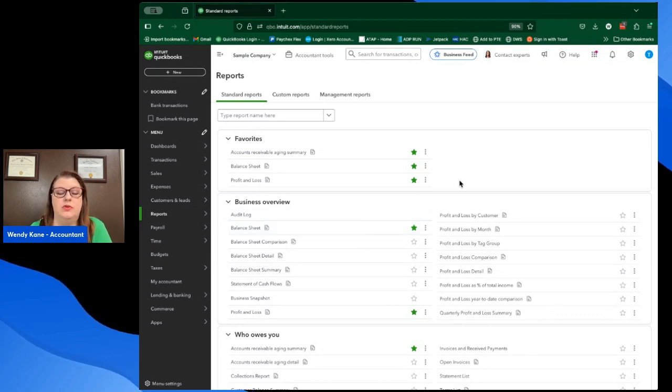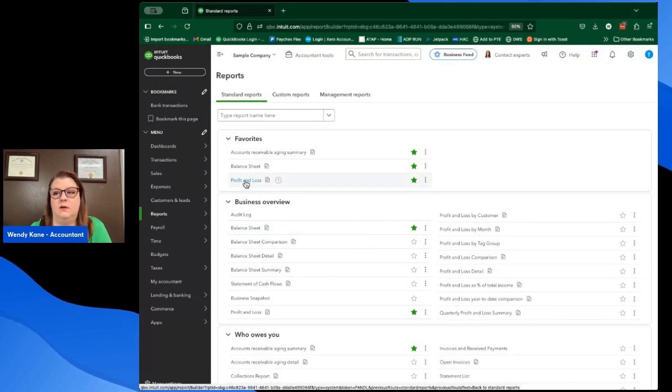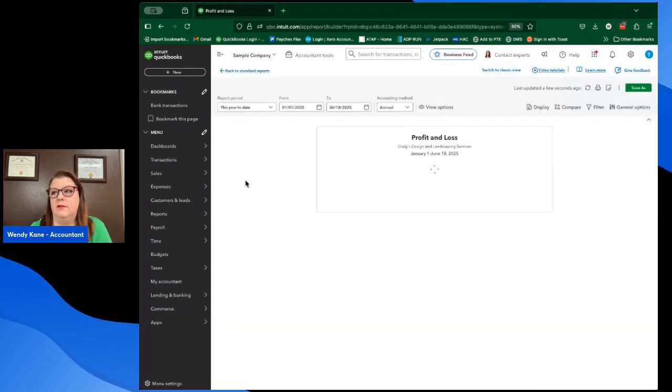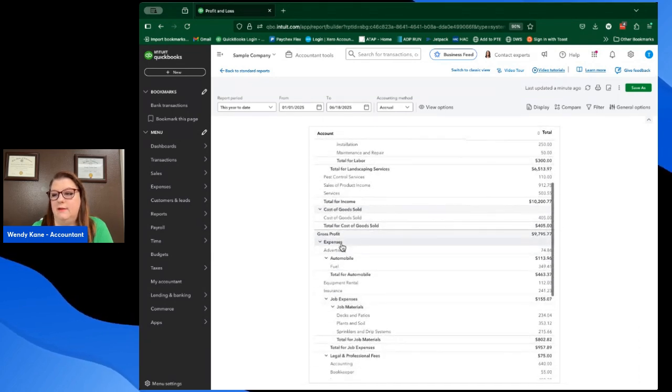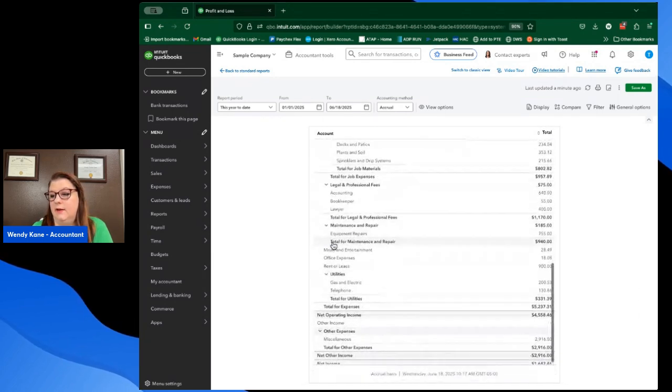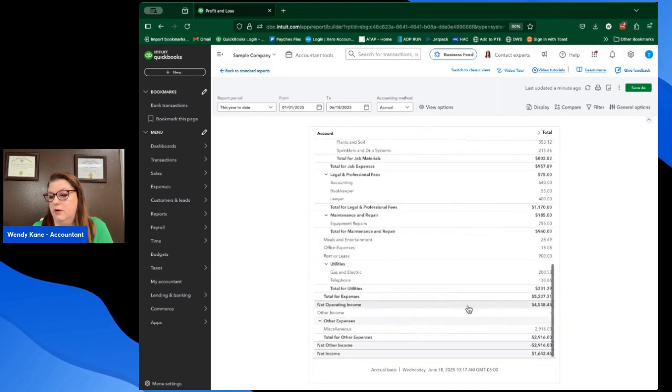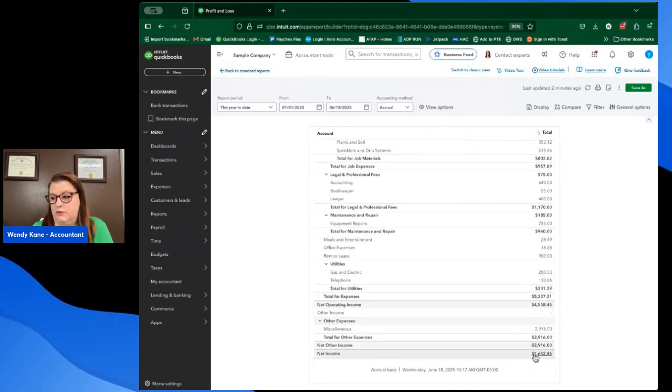The most important report that you can run for your business is the Profit and Loss Report. Sometimes it's called an income statement. This is a report that's going to show you how much income you had, how many expenses you had, and then the most important information, whether you made a profit or a loss.